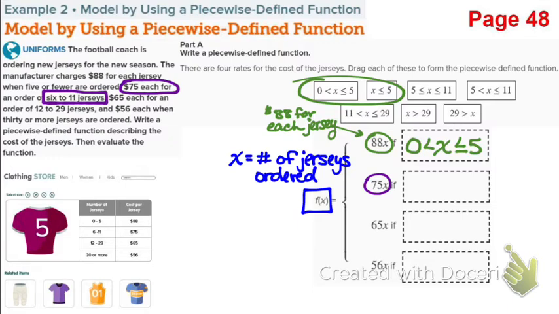I got to pay $88 for each. So we're going to go with this guy right here. Not 0. I need a number that is bigger than 5. 6 is bigger than 5, right? Has to be bigger than 5, but less than or equal to 11.